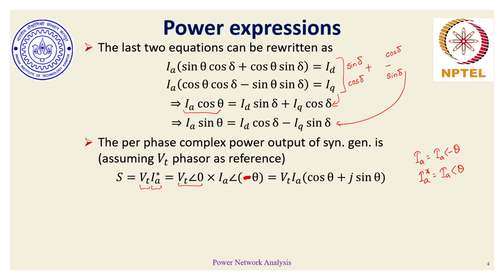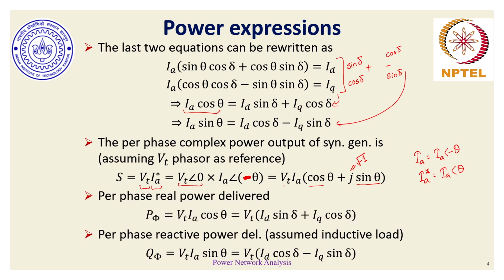So if I have the current lagging the corresponding terminal voltage, which is usually true for inductive loads, then the complex power is nothing but Vt Ia (cos theta plus j sin theta), where j is the complex operator, the square root of -1. Now, in this equation, I can decompose into the real component and the reactive component.